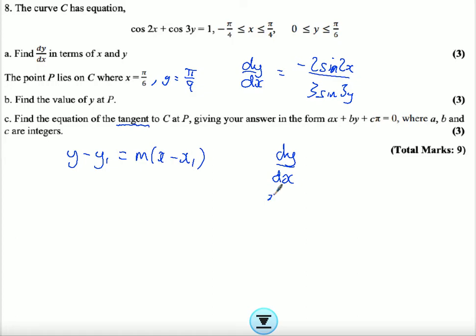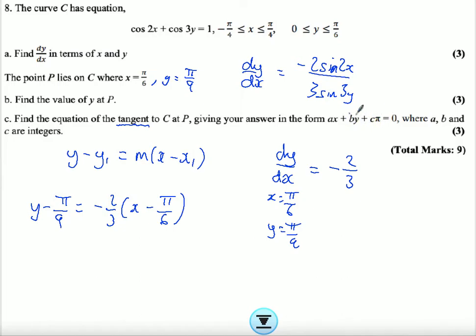So we want to sub in x is pi over 6 and y is pi over 9. So let's just type this into my calculator. Okay, so we just get negative 2/3. So y subtract pi over 9 equals negative 2/3 x subtract pi over 6.